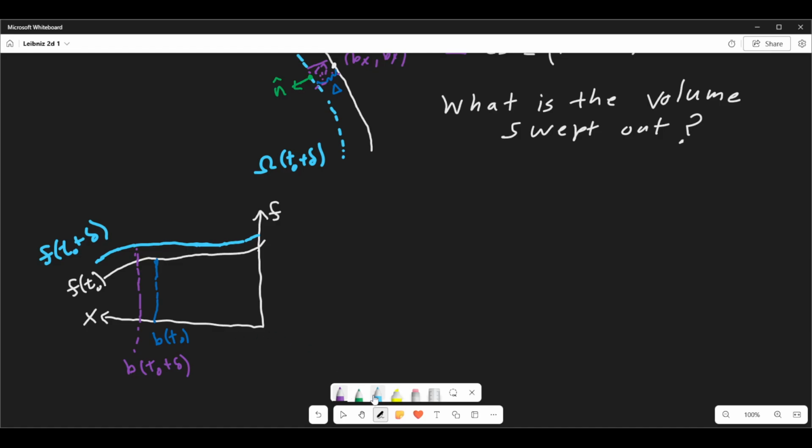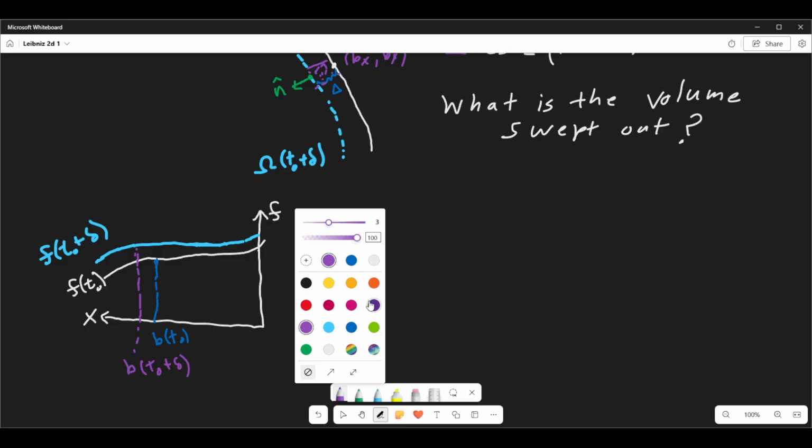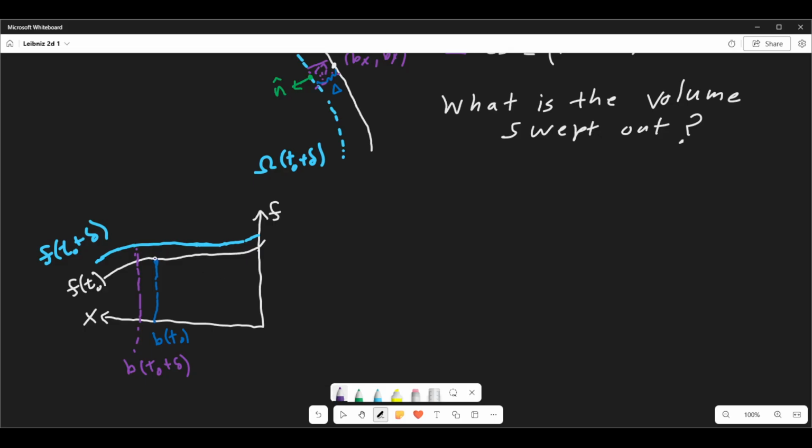So what's important is there was a little point here. And now as it happens, this point is at f of b of t naught, comma t naught, is where that point is located.